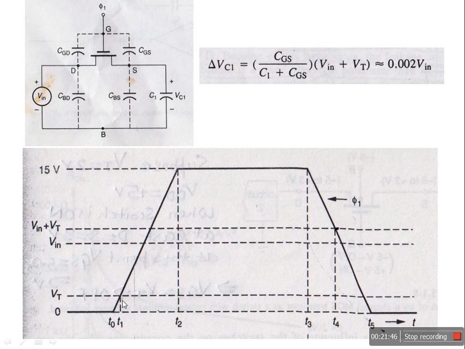T0 to T1, time taken to reach up to the VT, T1 to T2 to reach up to full value of the clock, then T2 to T3, it will be on when the switch will be on, T3 to T4, that is from full value, that is 15 volt, down to V in plus VT, then T4 to T5. Now we will discuss this whole waveform with this model.